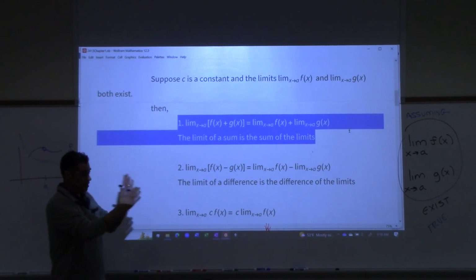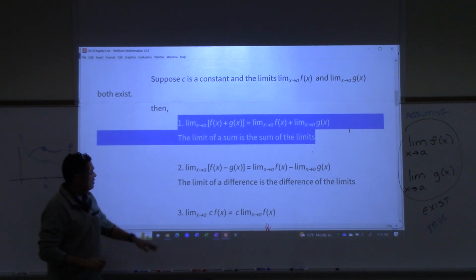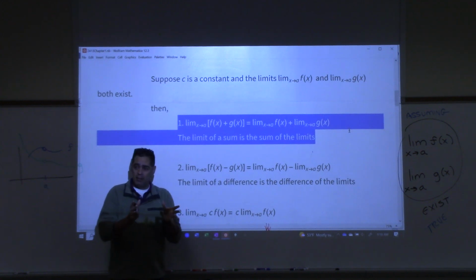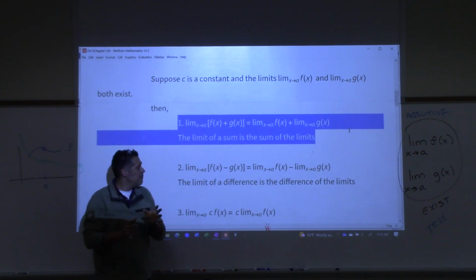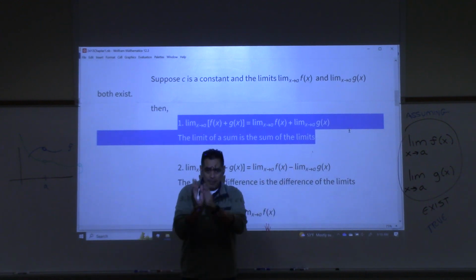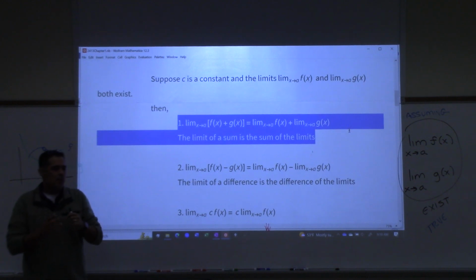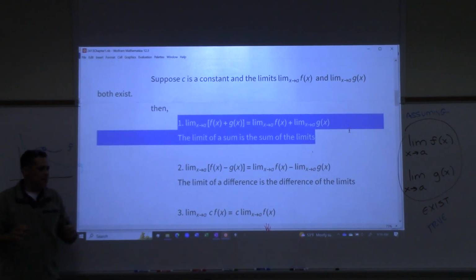So it is okay to look at them individually. The second law says if you have two functions being subtracted and you're trying to find the limit, you can separate them and do them individually as well, which is nice because it allows us to divide up the problem into separate pieces.